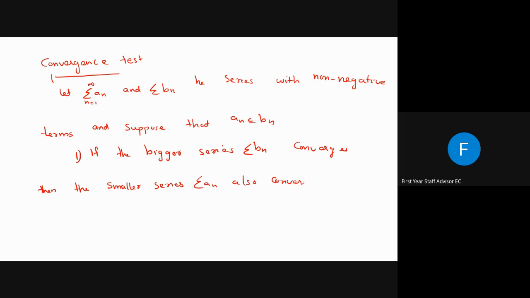Very, very important result. If the smaller series an diverges, then summation bn also diverges.